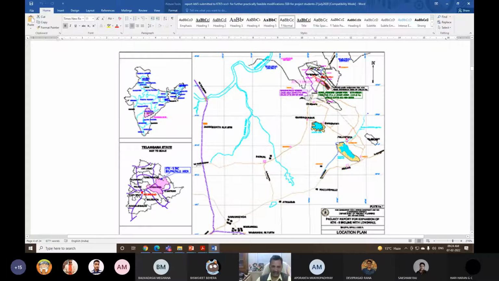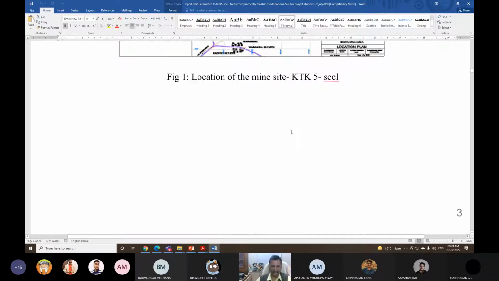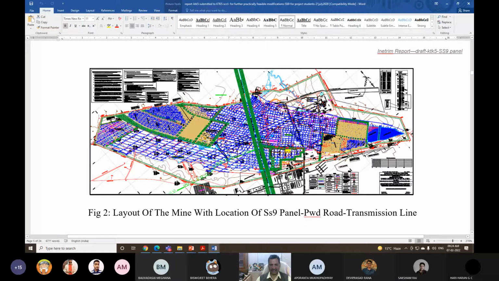And just to continue, we of course give more emphasis to our India, Make India, Skill India, Atmanirbhar Bharat. So this is in Telangana, and in Telangana this comes under Bhupalapalli. This is the place, and this is the detailed location of the Kakatiya Khani 5 of Singareni Collieries. This is what I wanted to show you, not everything in this.